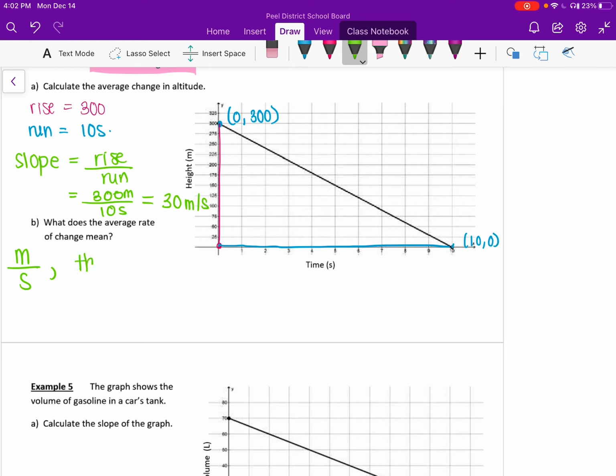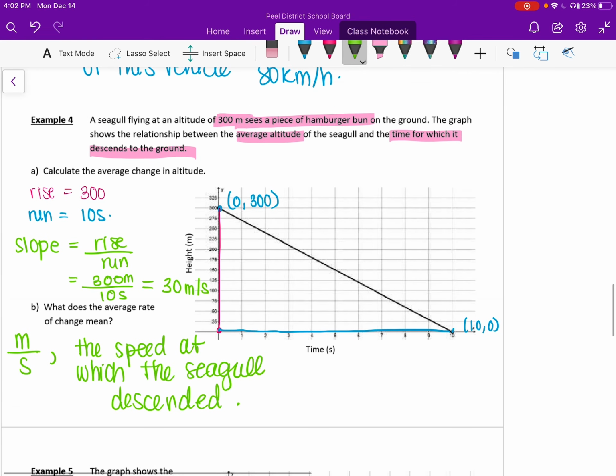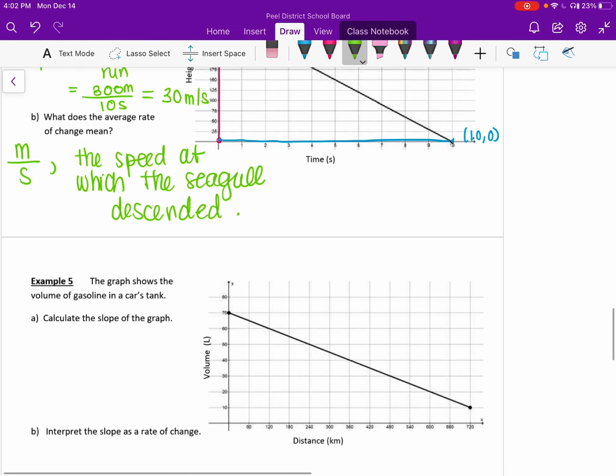So the speed at which the seagull ascended or descended, right? Because he's going down. Or if you said the rate at which the seagull dived, or the speed at which the eagle got to the burger, either one works.